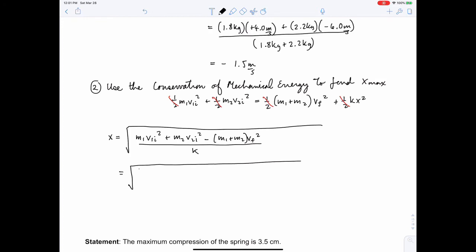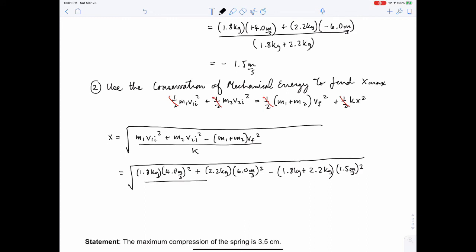Sub and solve. 1.8 kilograms times 4 meters per second squared plus 2.2 kilograms times 6 meters per second squared minus 1.8 plus 2.2 kilograms times a final velocity of 1.5, no need to put direction because these are scalar quantities, squared divided by the spring constant 8.0 times 10 to the power of 4 newtons per meter.